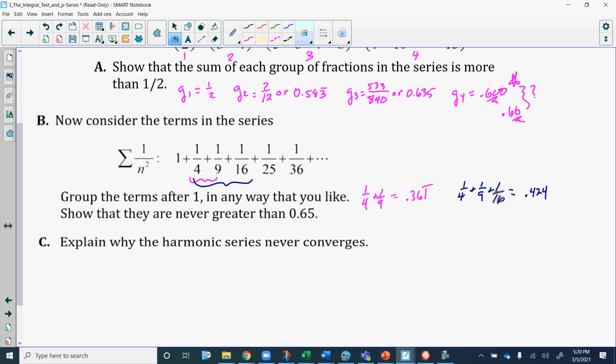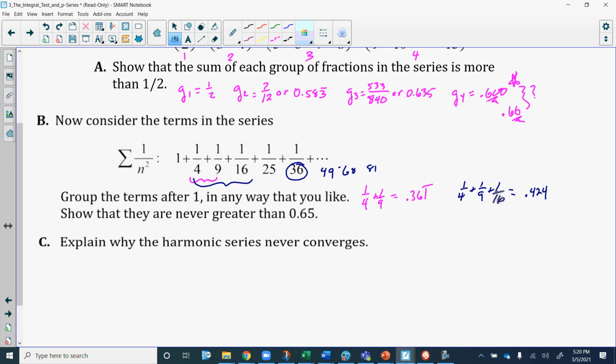Ultimately what you're going to recognize is that as the denominator of a fraction gets bigger, the overall value of the fraction drops. So as we continue, the denominators go 49, 64, 81, etc., and the fractions get closer and closer and closer to 0.